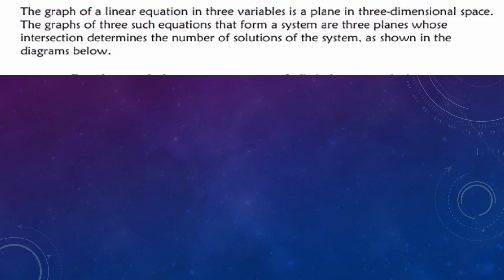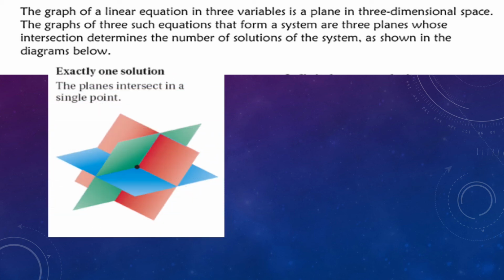The graph of a linear equation in three variables is a plane in three-dimensional space. The graphs of three such equations that form a system are three planes whose intersection determines the number of solutions of the system, as shown in the diagram below. If there is only one solution, you'll see clearly here the red plane, the green plane, and the blue plane intersect at one point.